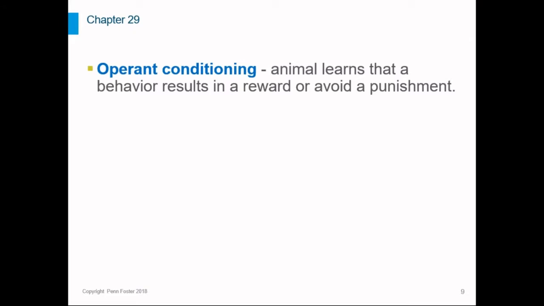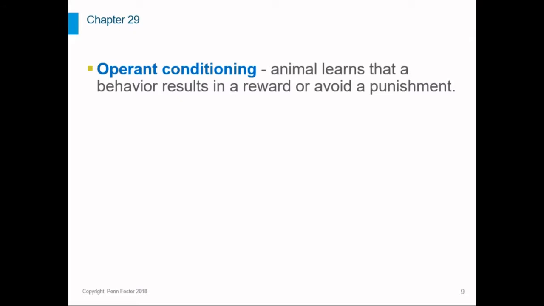Operant conditioning is essentially training. Operant conditioning is when an animal learns to behave in a certain way in order to get a reward or avoid a punishment. So this could be something where the reward or punishment is given by another animal or by a human, or just by the environment. They're learning that something they do is good or bad.